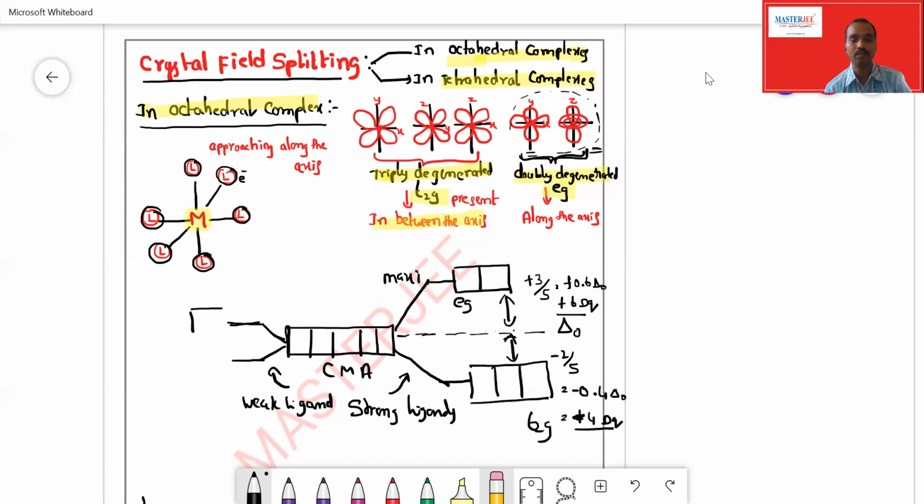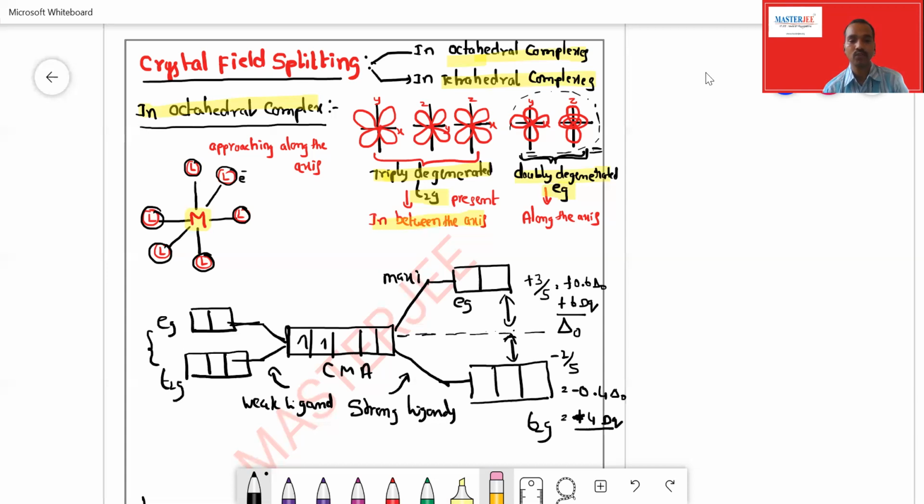Here also it is the same: eg orbitals will occupy the higher energy level, t2g will occupy the lower energy level, but the splitting gap is minimum only. That is the difference between these two. In case of strong ligands, splitting takes place to the maximum extent. In case of weak ligands, the splitting will take place to the minimum extent only.